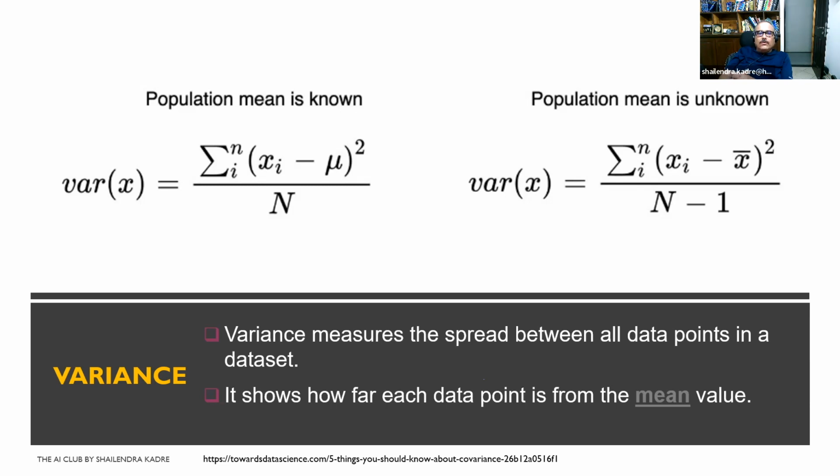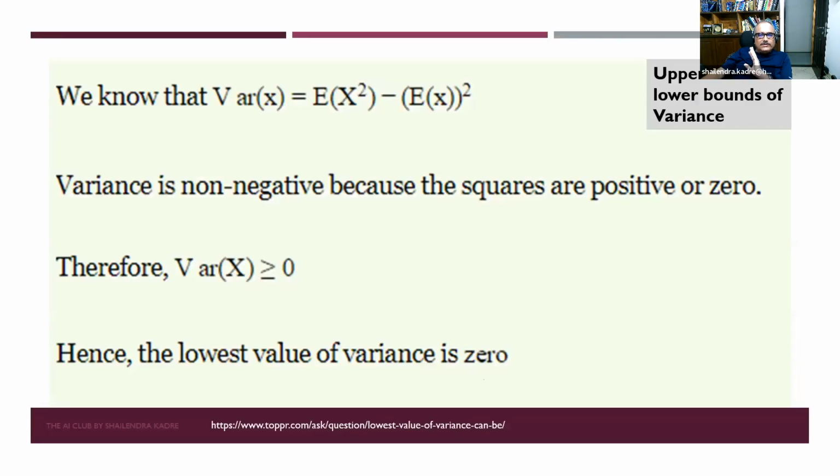Okay. So now we are dealing here. First, if the population mean is known, you have to divide by n, the total population. And if the population mean is unknown, you have to divide by n minus 1. Now these two formulas, can somebody tell me what is expected value? We have studied it. Does anybody remember what is expected value?